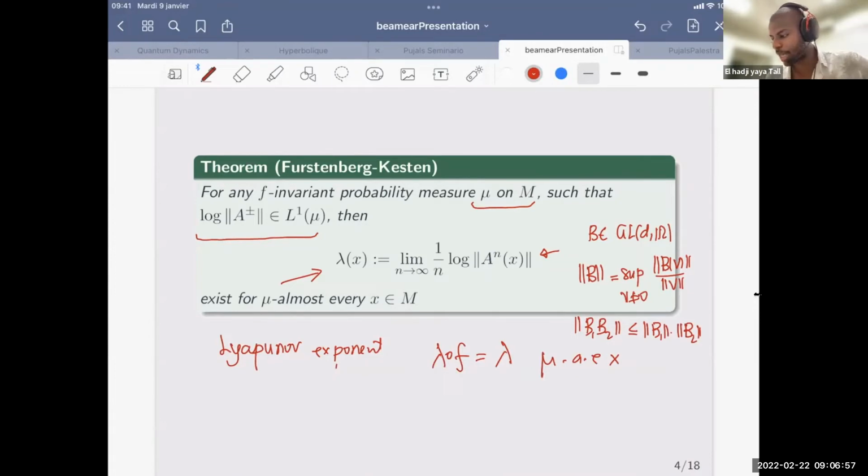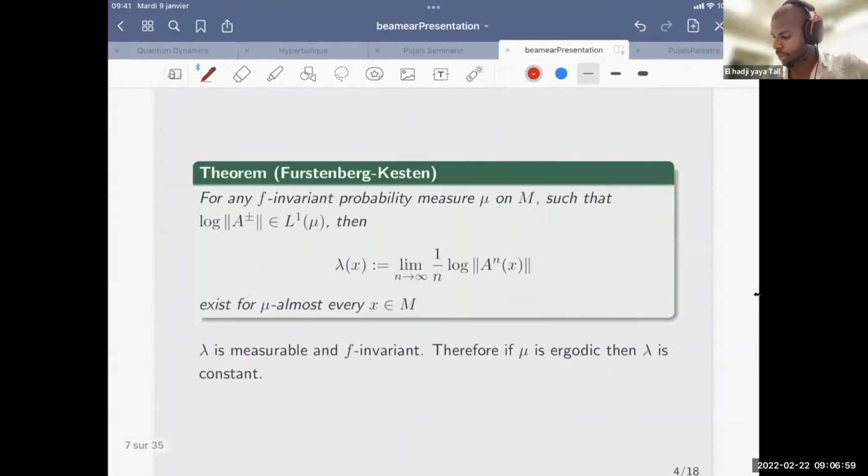Lambda is measurable and f-invariant, therefore, if mu is ergodic, then lambda is constant. I didn't define what ergodicity means, but you can think of a system being ergodic if any invariant function is constant. You can take this as a definition.